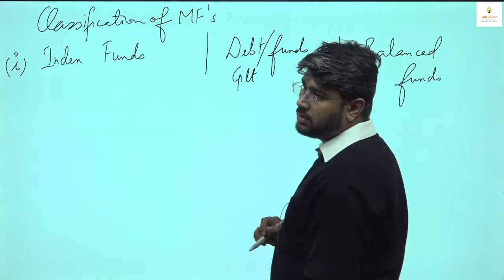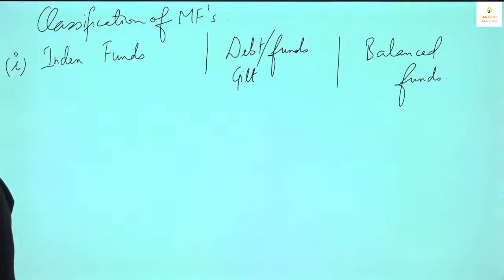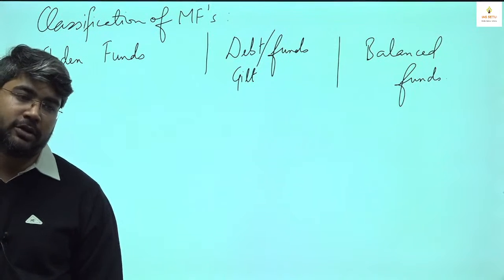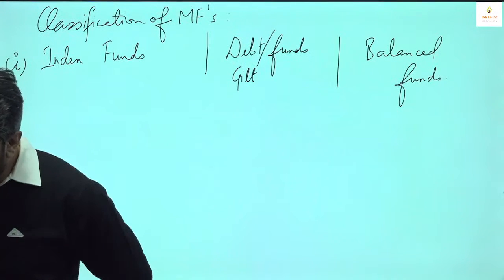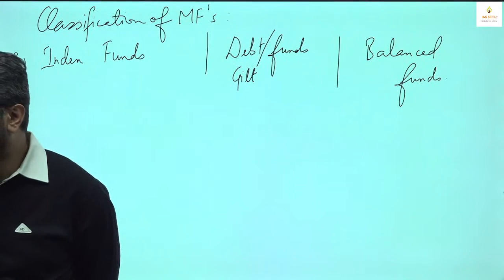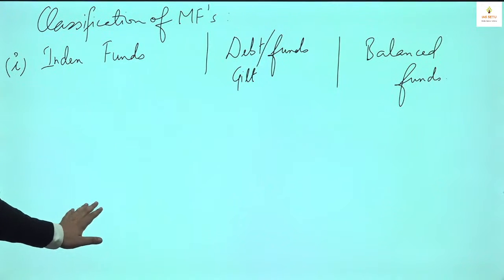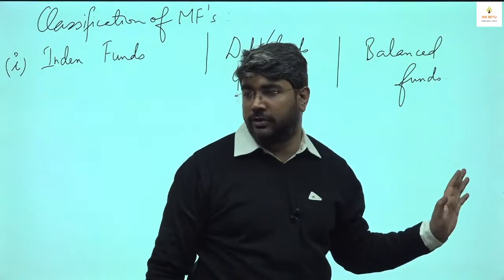Balanced funds. If you simply ask me what is the parameter for classification, the parameter is simply the asset in which the fund is investing. Right? So if the fund is investing only in equity, only in shares, then it is called index fund. If it is investing only in debt instruments, then it is called gilt funds.